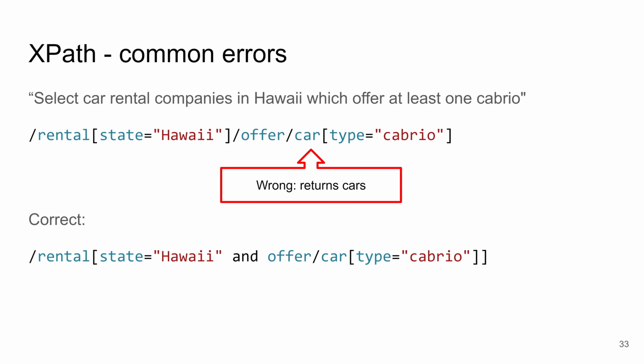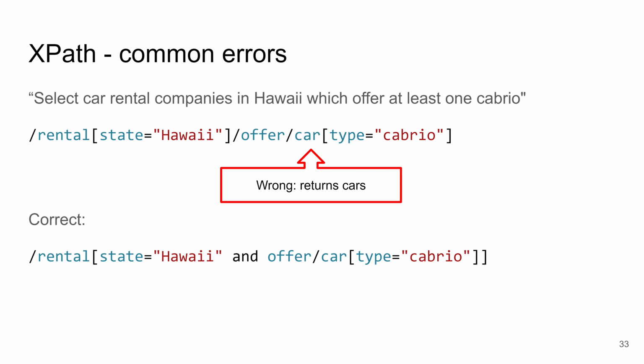Another example is one where the author of the query was not aware of the syntactic sugar, of the syntactic shortcut. So a very popular query starts with the double slash, because that simply selects all the elements named, for instance here, section from the XML document.